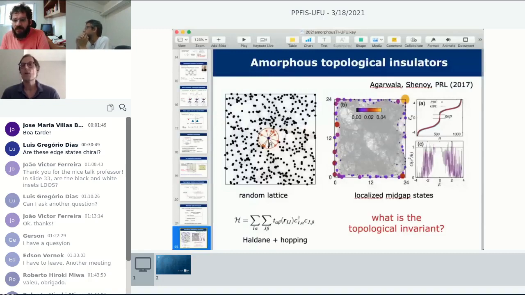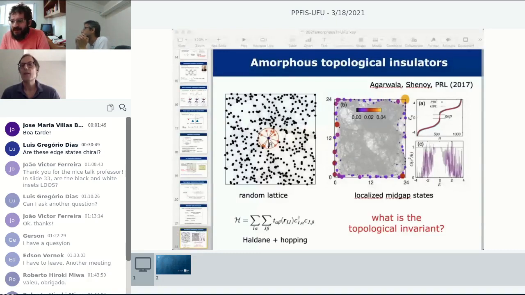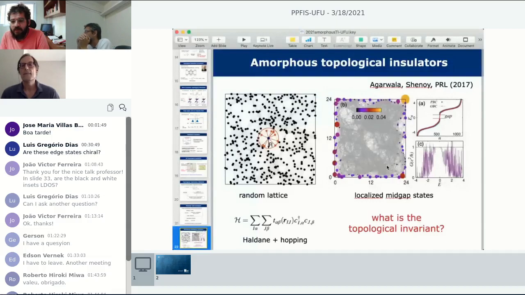I'm sorry to interrupt. I'm looking at the same plot, panel A of this figure. There seems to be a particle-hole symmetry, something like that here. Sorry? The panel A, top right panel. So there is some kind of particle-hole symmetry.